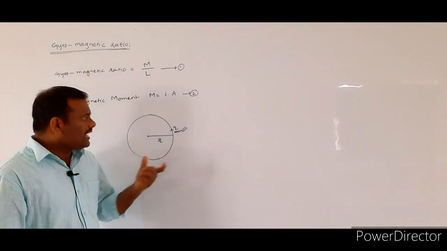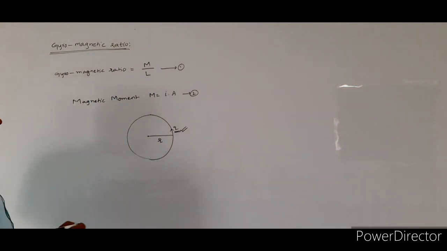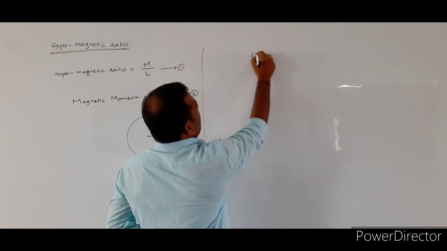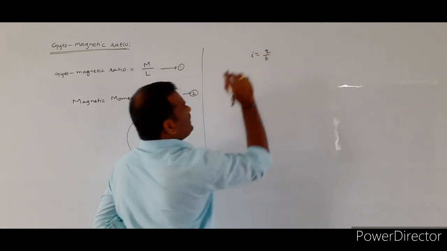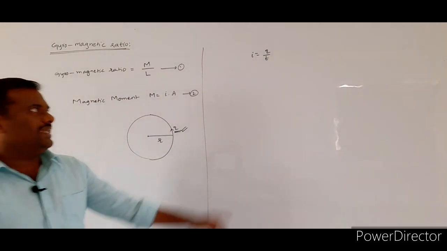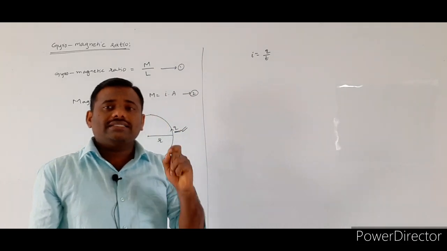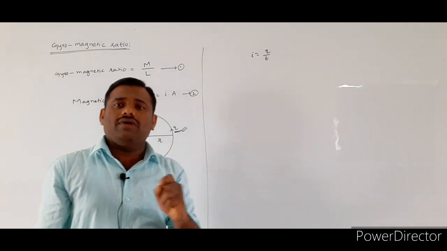How can we define the current? Current I is equal to Q by T. Q is the amount of charge, and T is the time taken to complete one revolution.